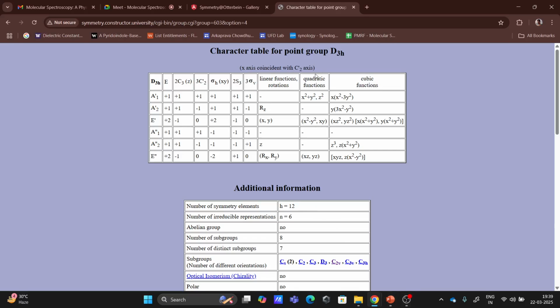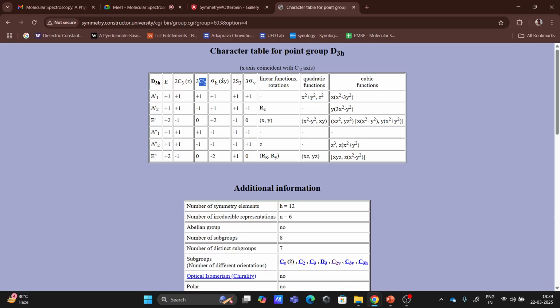But see, for understanding a point group, you don't have to get all these symmetry elements or symmetry operations. You just see the principal axis of rotation. See if there are any perpendicular C2 axes or not. Is there any molecular plane or not?